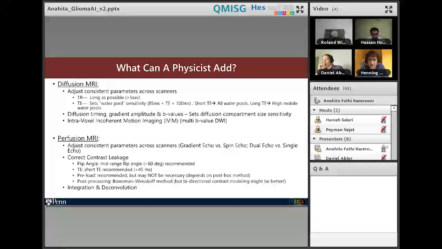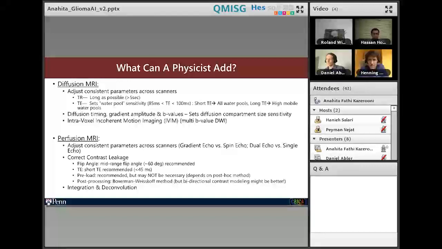For diffusion MRI, diffusion timing, gradient amplitude, and b-values can be set. Even MR physicists could set up a protocol for intravoxel incoherent motion imaging, which is multi-b-value diffusion weighted imaging, that can quantify pure diffusion and microvascular perfusion at the same time.